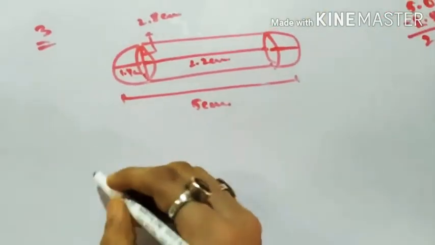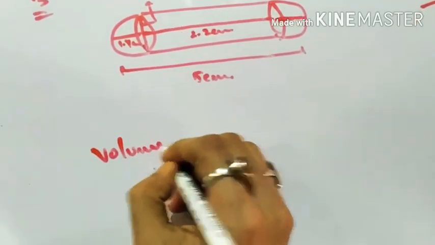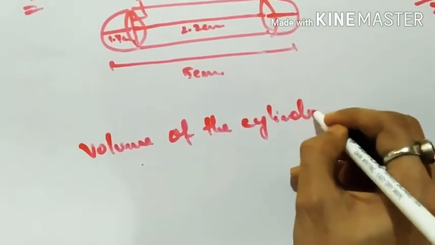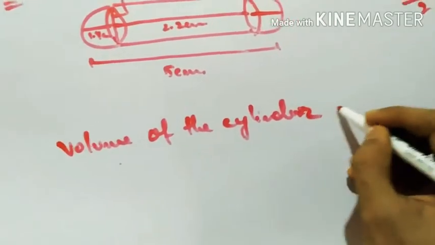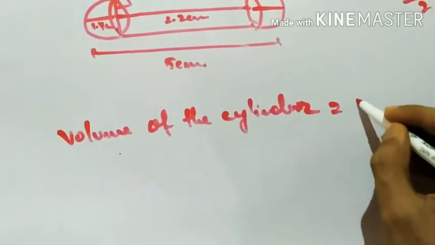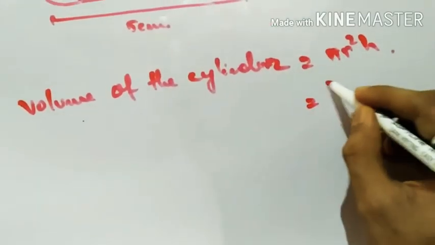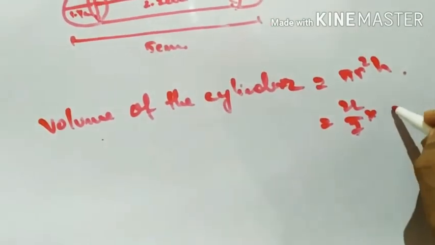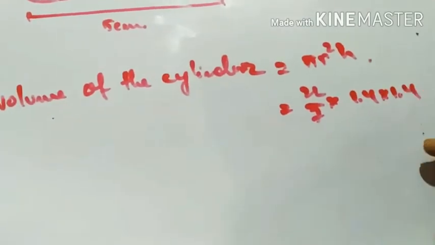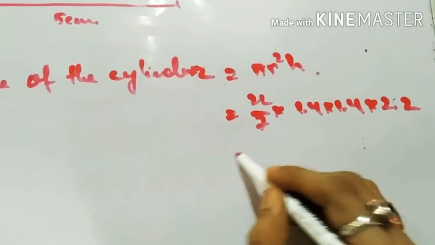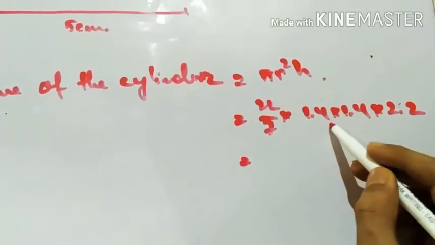Finished. Now I will find the volume of the cylinder. The volume of the cylinder formula is pi r square h, equals to 22 by 7 into 1.4 into 1.4 into 2.2, where r is 1.4.